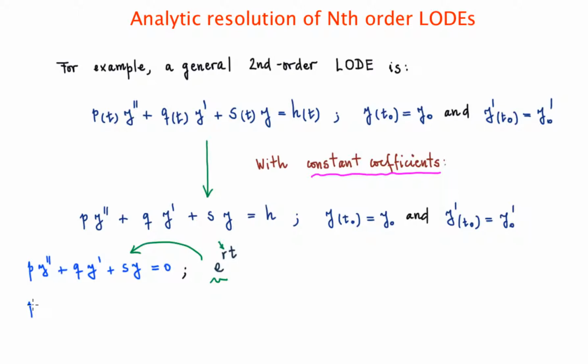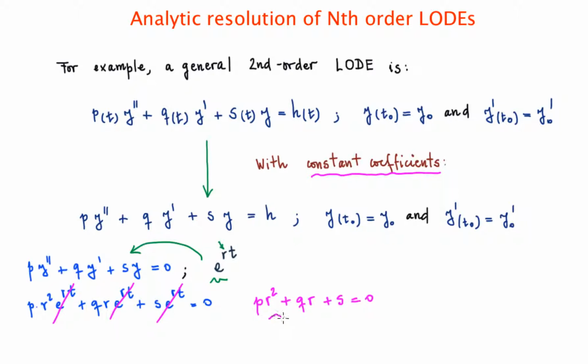We plug it in. You have p times the second derivative of that. When we plug in this exponential, it's going to be p r squared e to the rt plus q r e to the rt plus s e to the rt. As the exponential appears in all the terms, you can simplify it, and the equation that this r coefficient satisfies is p r squared plus q times r plus s equals 0.